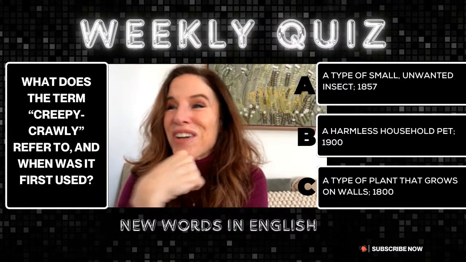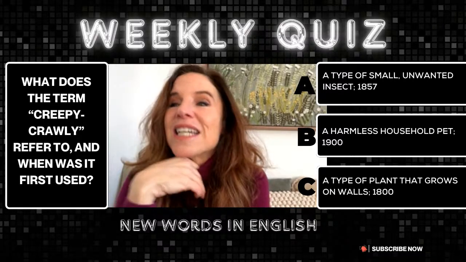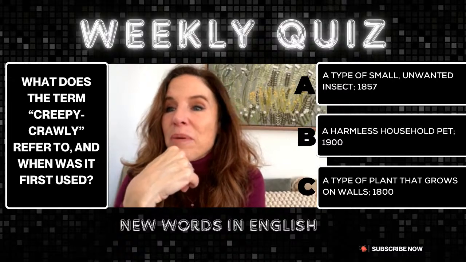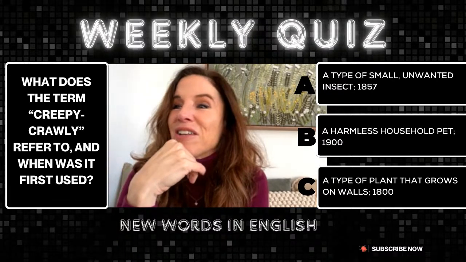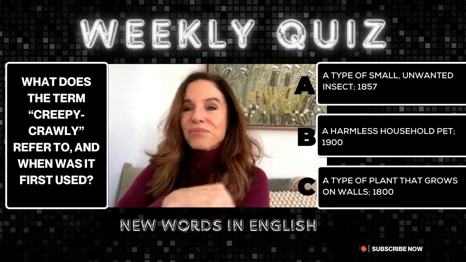B, a harmless household plant, in 1900? Or C, a type of plant that grows on walls in around 1800? So which do you think is the correct answer?